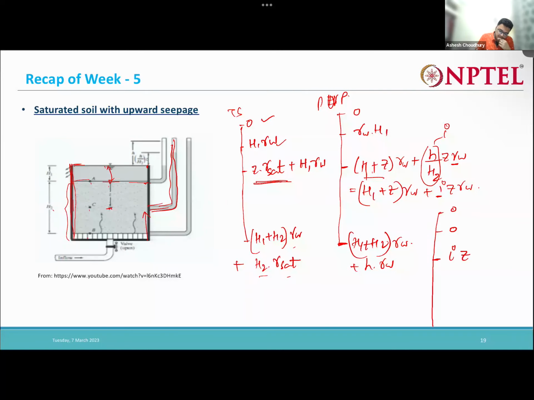It will be iZ gamma submerged. I guess you just check this one. I'm not sure because I have also not done this from the first, so I'm doing it here with you only. And at the bottom, it should be... just a second, wait, I will just see and then.